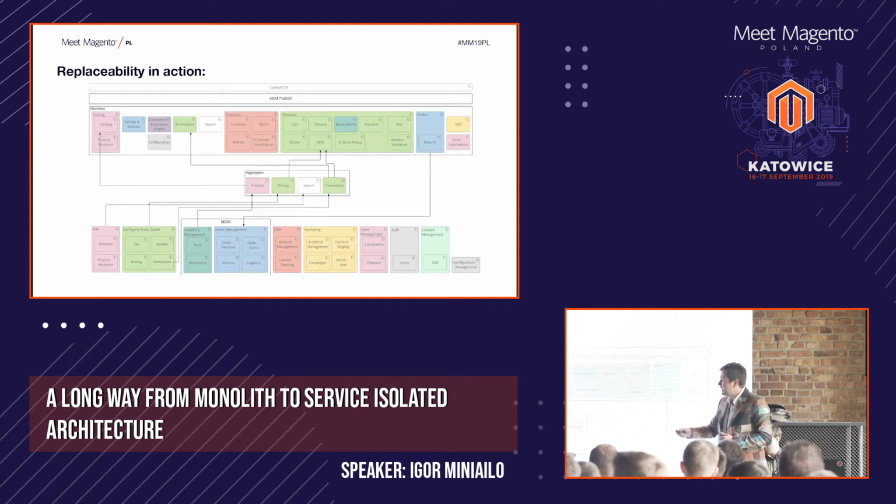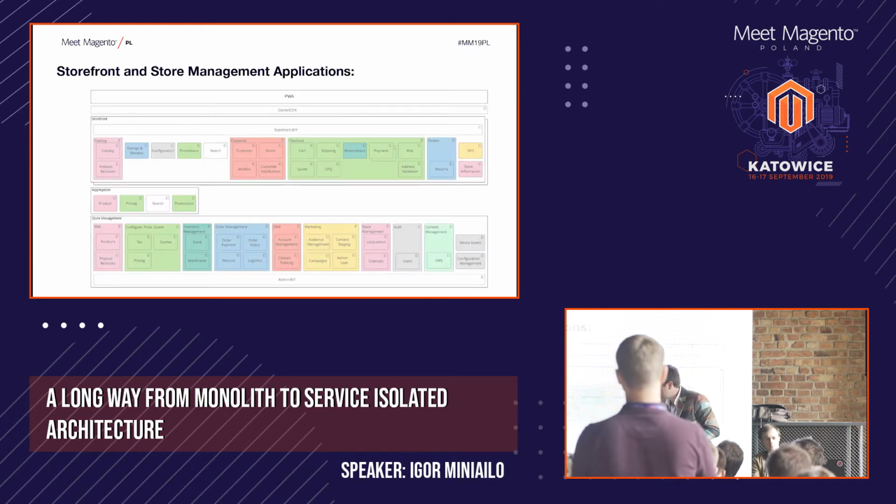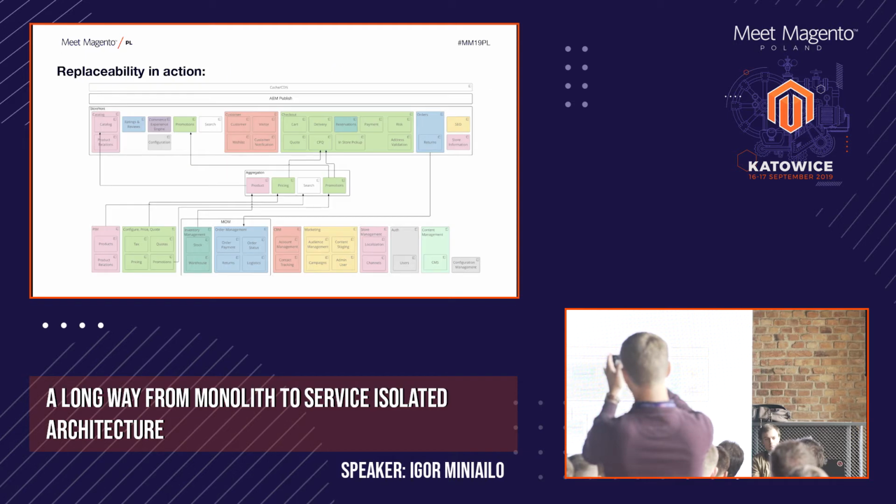So actually, this is the idea of replaceability. We have pretty much the same system, and you have the storefront which is deployed and totally not affected when a merchant, for example, decides to substitute our internal inventory management and order management with an external system.